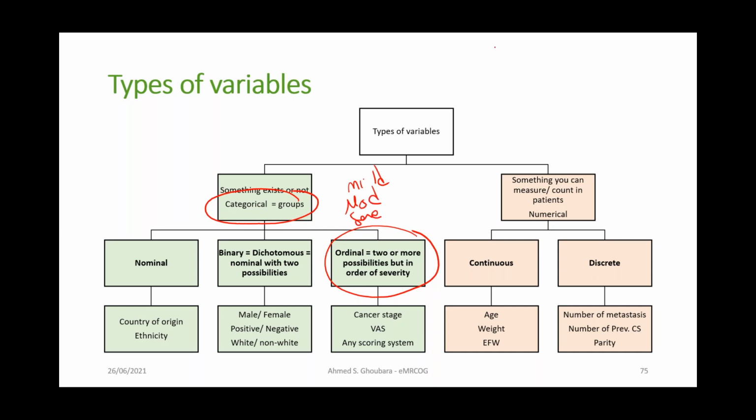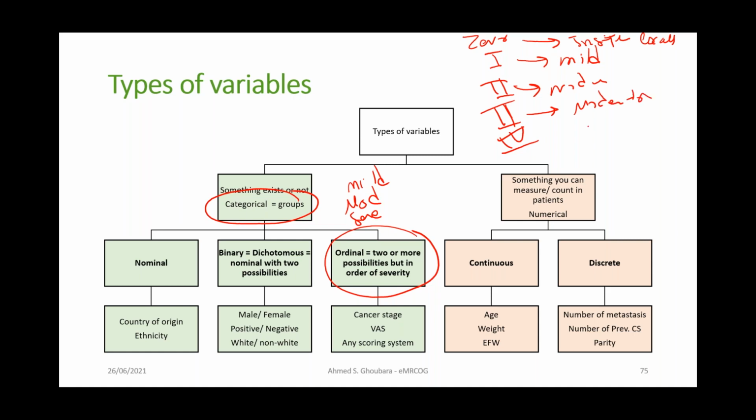So cancer stage. If we have stage 1, stage 2, stage 3, stage 4, and stage 0, for example, sometimes I call this in situ, or locally malignant. Stage 1 is a part of that. Sometimes we call it mild. Stage 2, sometimes we call it moderate. Stage 3, I may call it moderate to severe. Stage 4, I call it severe.